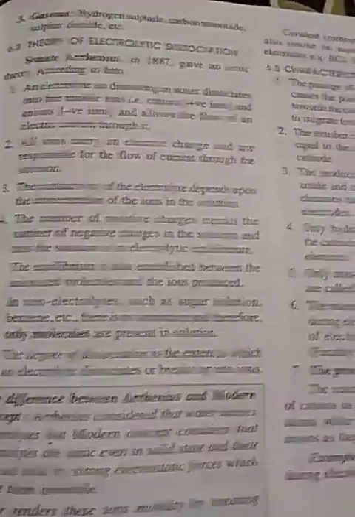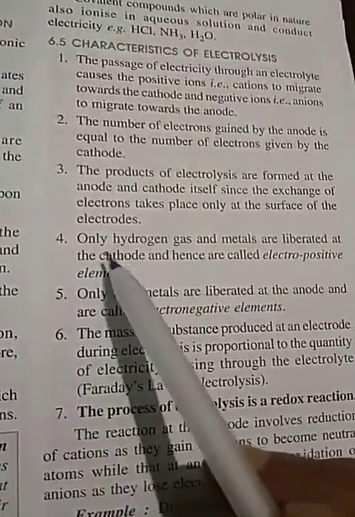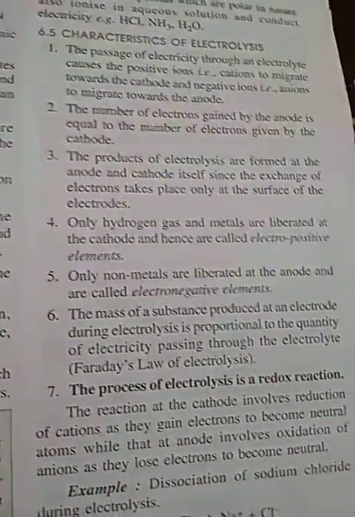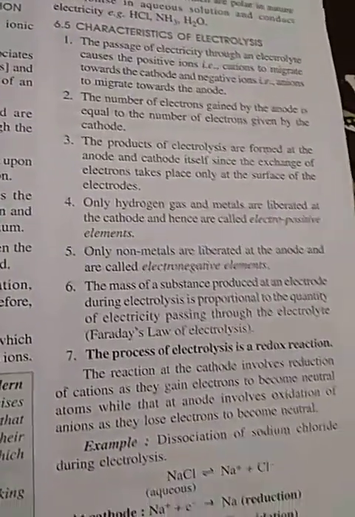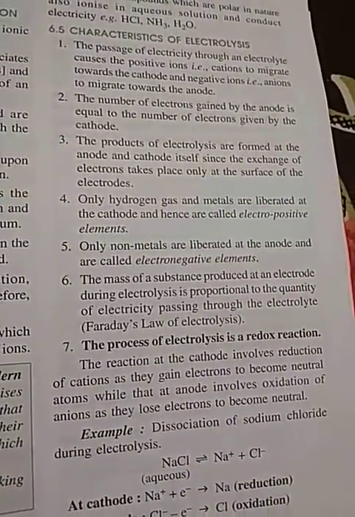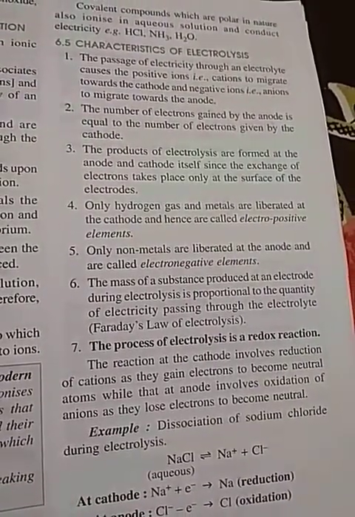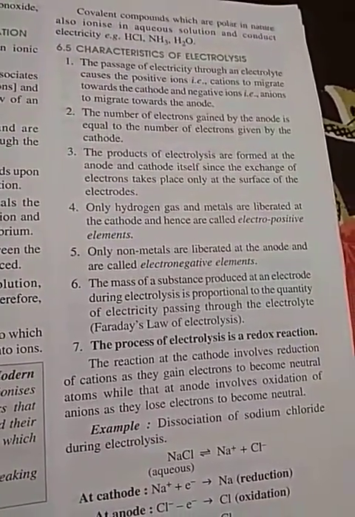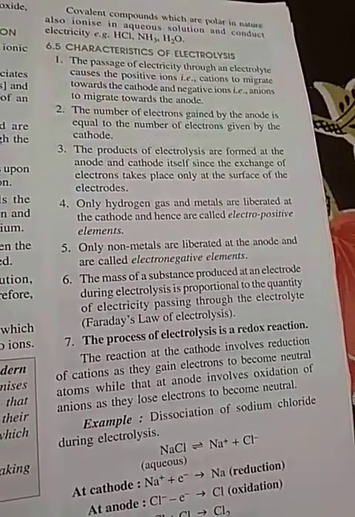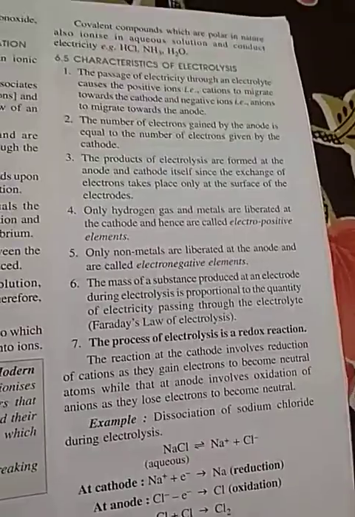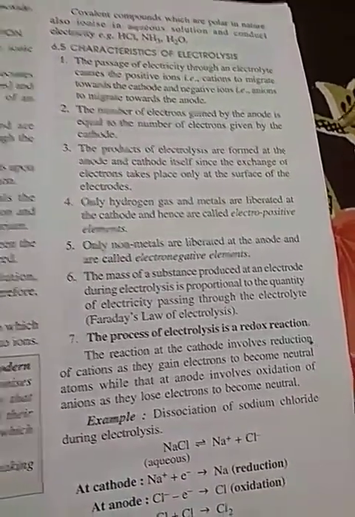In electrolytes, only hydrogen gas and metals are liberated at the cathode. Liberated at the cathode means only hydrogen and metals can lose electrons and they will migrate towards the cathode. They will gain electrons from the cathode and they are discharged at the cathode.